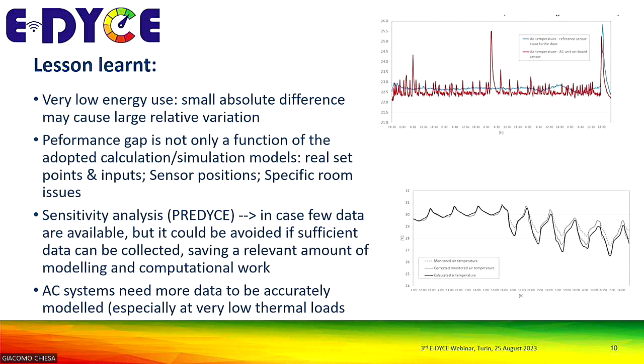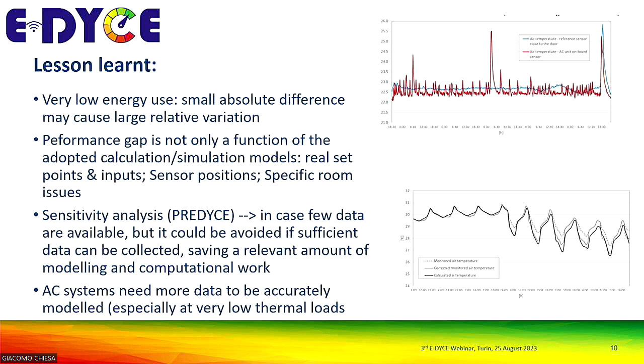If we scale it to the whole heating and cooling season, final energy use is 4 to 5 kilowatt-hours per square meter. This means that even a very low absolute variation, like 1 kilowatt-hour per square meter, implies a relative variation of 20%. So the results are affected by the absolute value of our energy use.